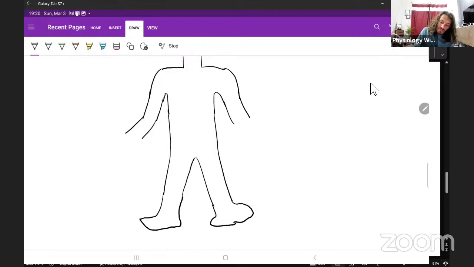I'm sorry, it's a very vague diagram, just trying to draw it fast.